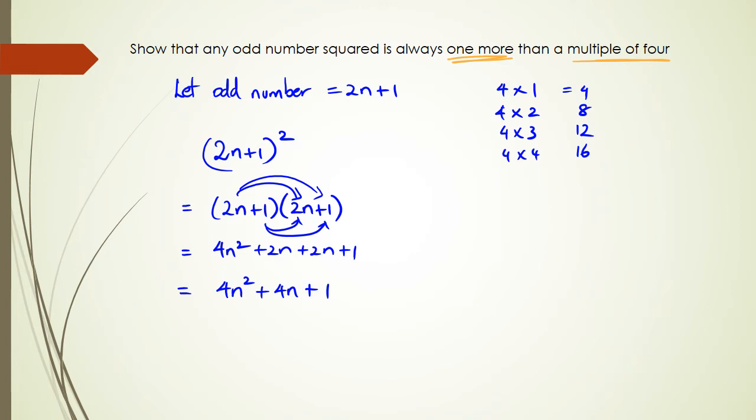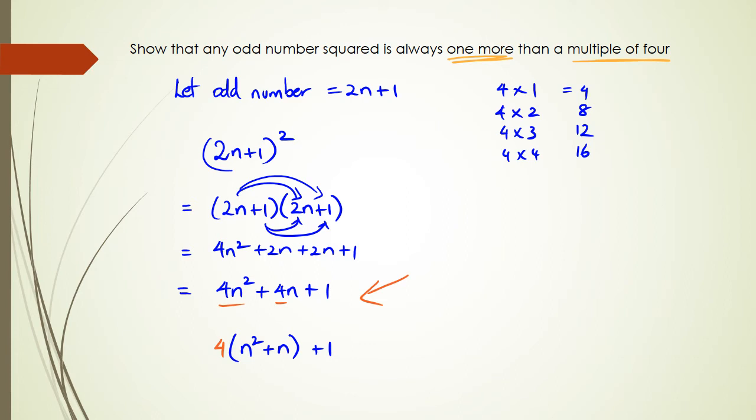So let's go back to our solution here, and what you'll notice is you've actually got two 4s here. So I'm going to take the 4 out as a common factor and rewrite the first two terms as 4 times n squared plus n, plus 1.